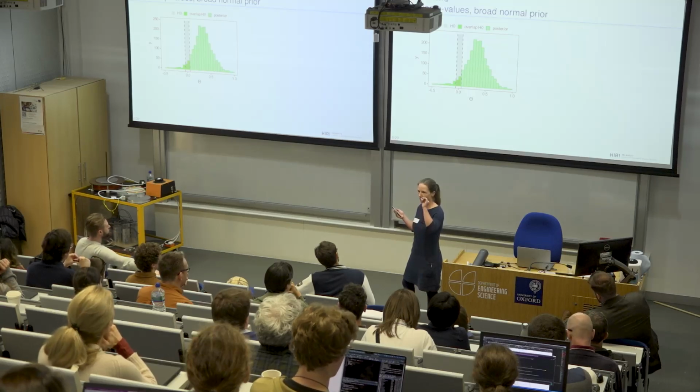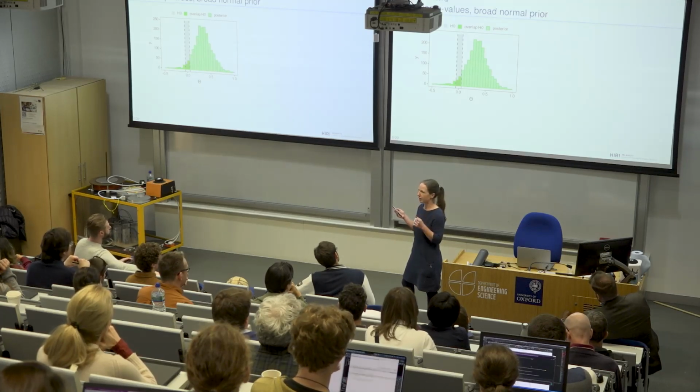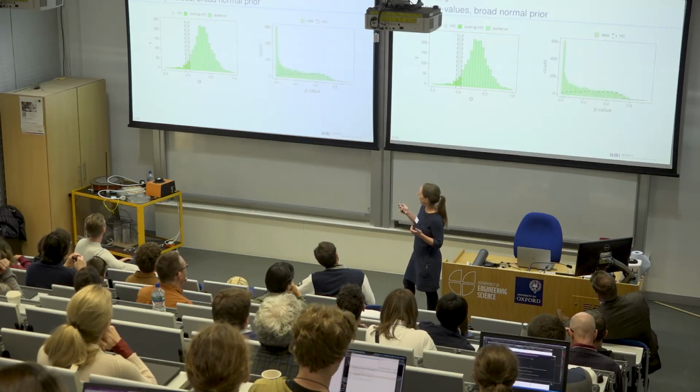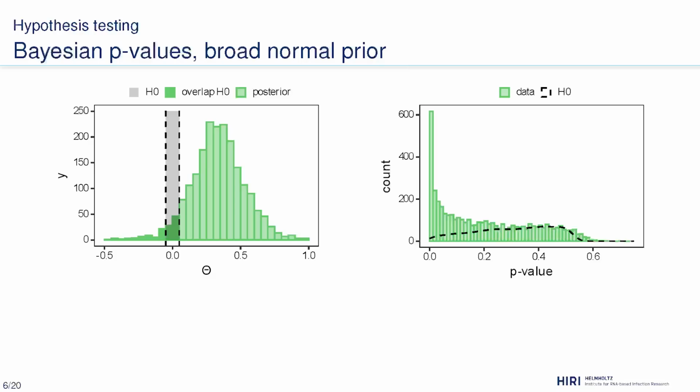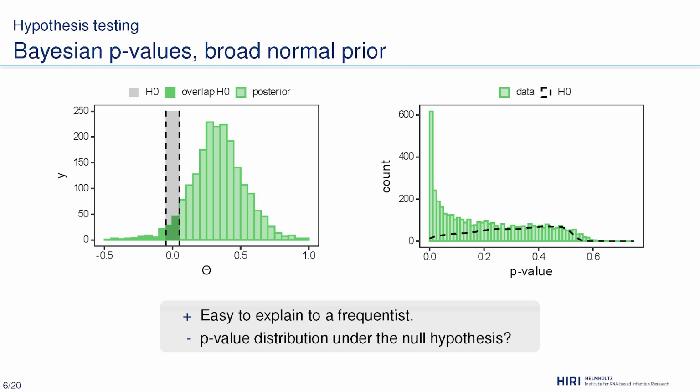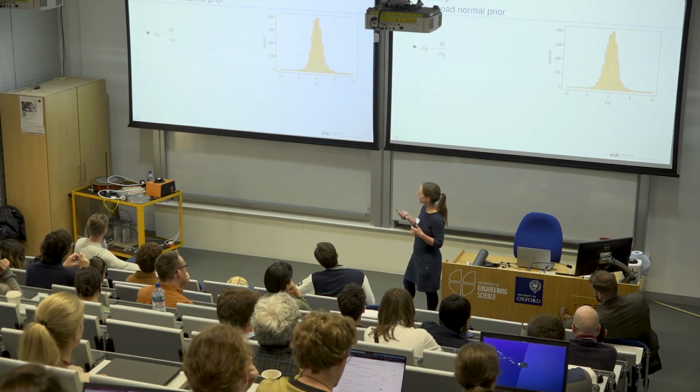So what's the smallest error that I can find in the data, because below that I can clearly not find anything. Then I get this distribution of p-values. I try to estimate what kind of distribution I would get under the null hypothesis. So you can see that whatever else is basically signal in a sense. The pro is it's easy to explain to a frequentist, but it's a bit difficult and tricky to estimate this kind of distribution under the null hypothesis.